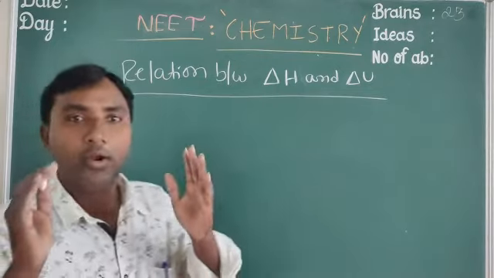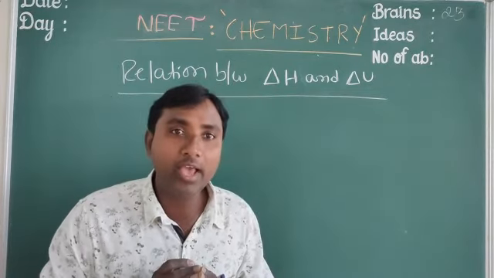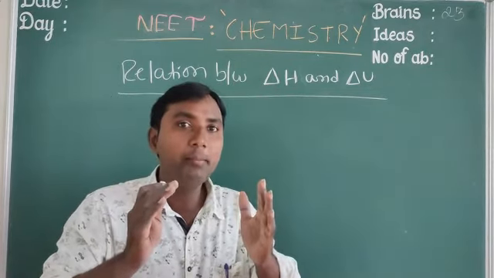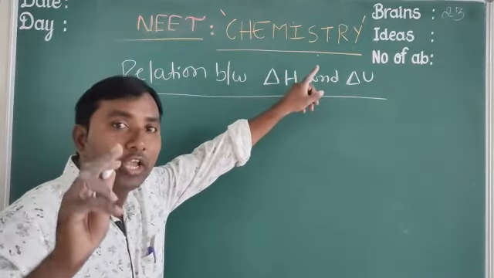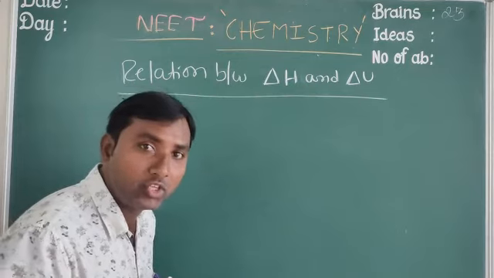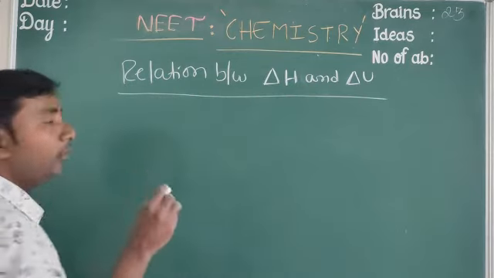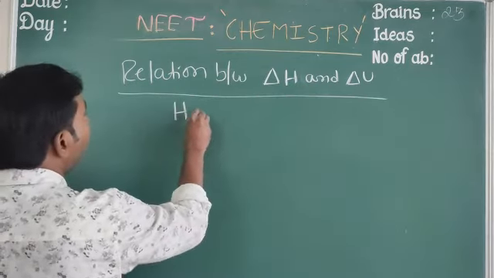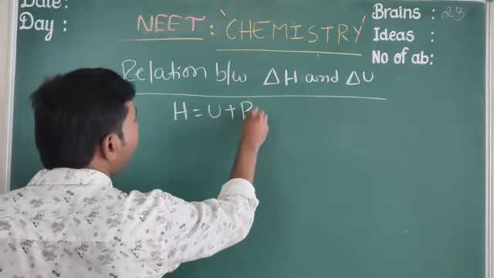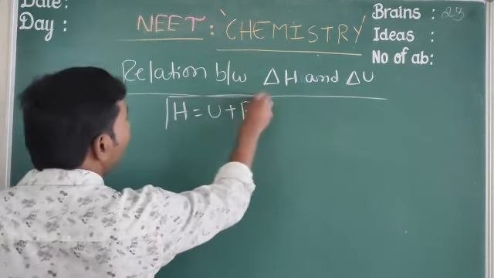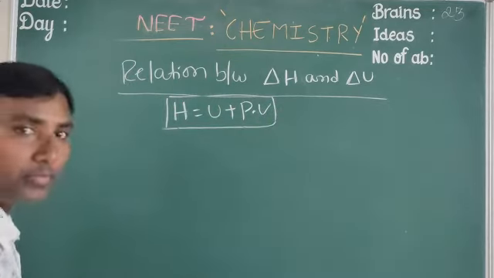Everyone, today we have to discuss the relation between change in enthalpy and change in internal energy. Already you know enthalpy is equal to the sum of the internal energy and pressure times volume.